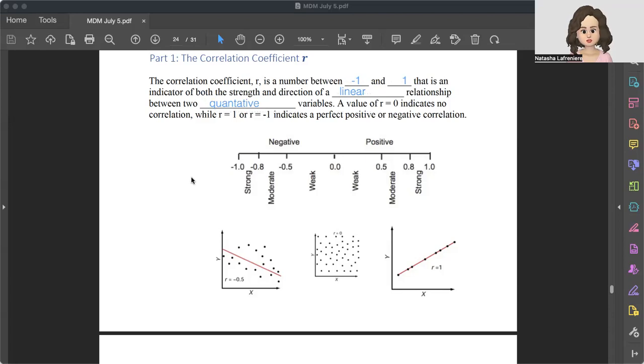A value of R equals 0 indicates no correlation, while R equals 1 and R equals -1 indicate a perfect positive or negative correlation.